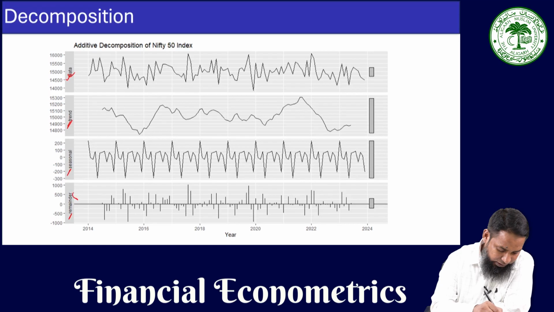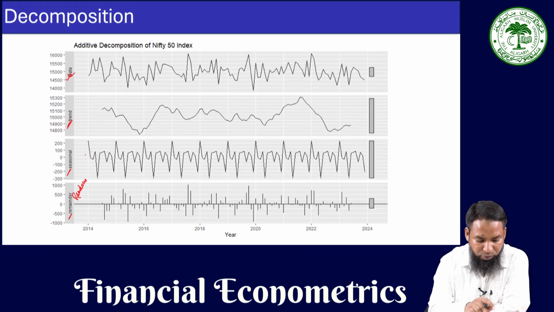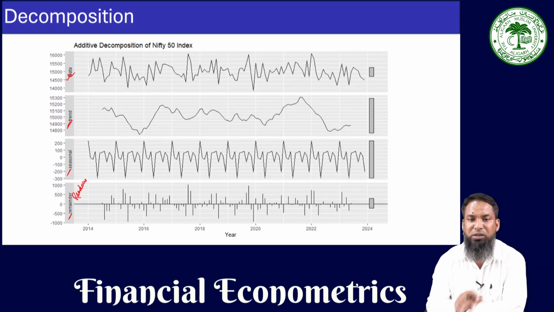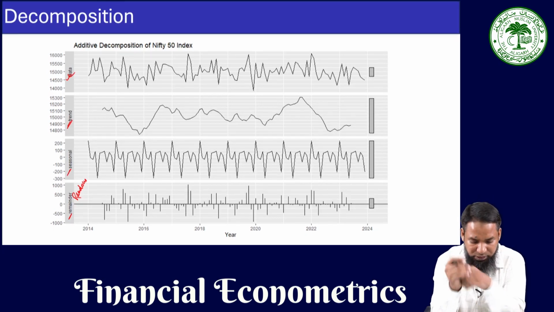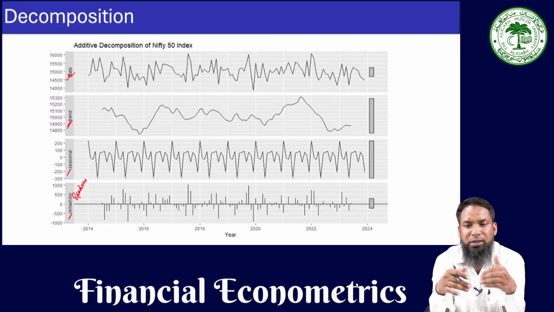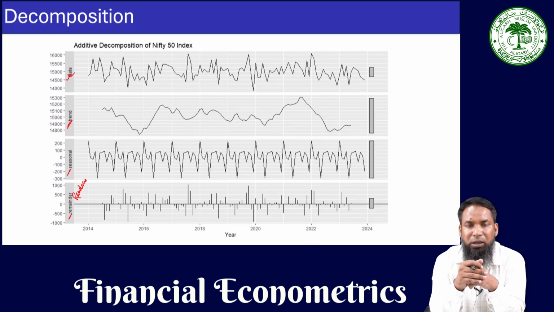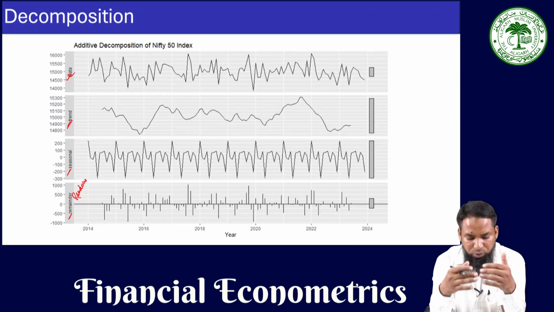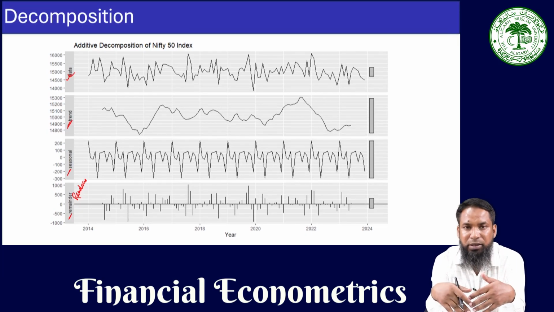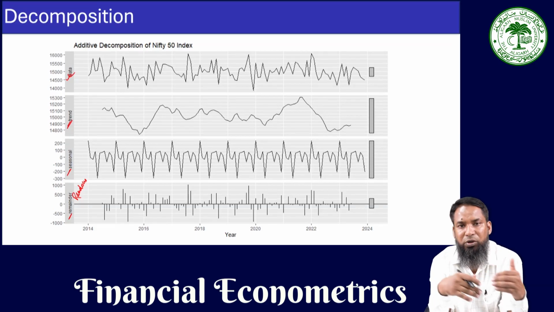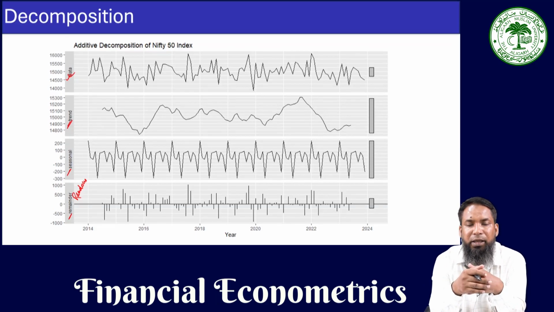This plot shows the trend, seasonal, and residual components of the series separately. By doing this, we will be able to analyze the trend behavior, that is the long-term or average behavior, and we can identify whether there is a seasonal effect or not.